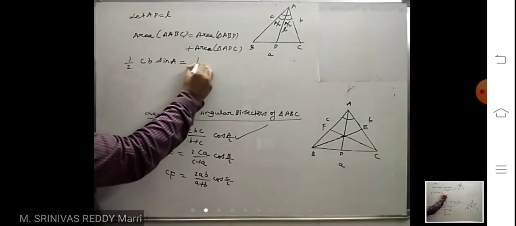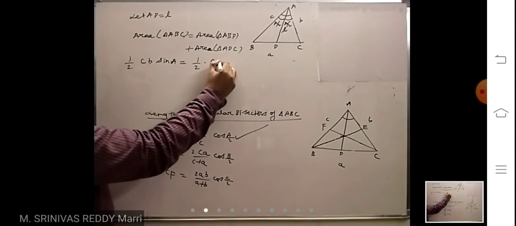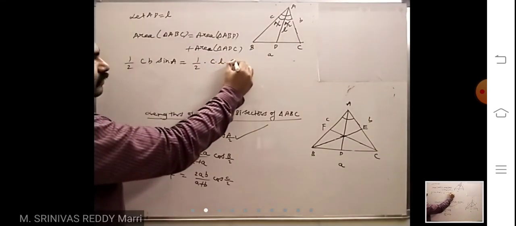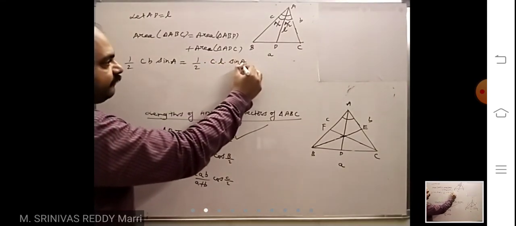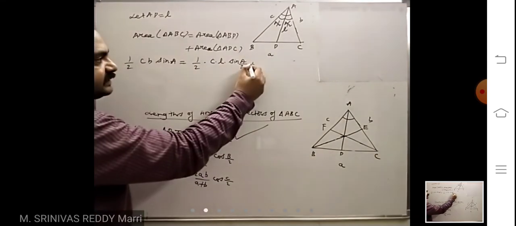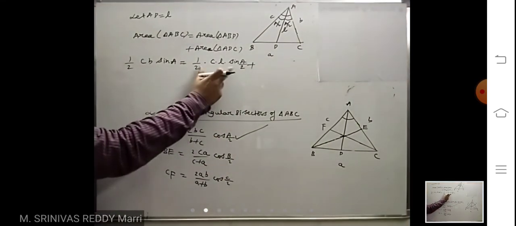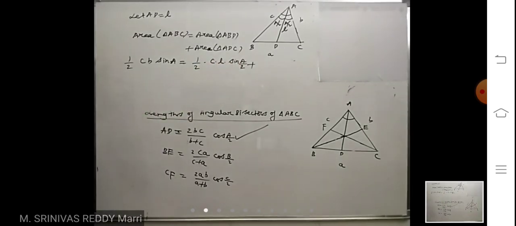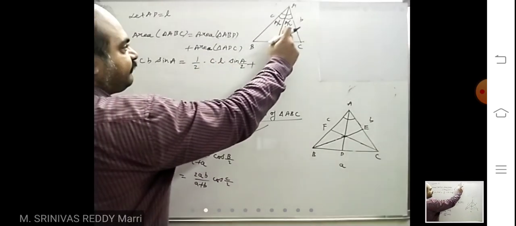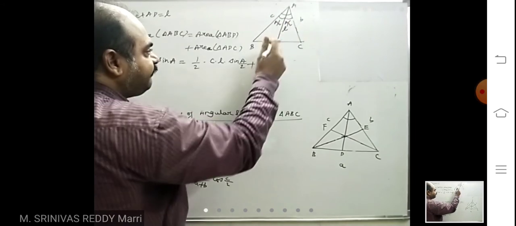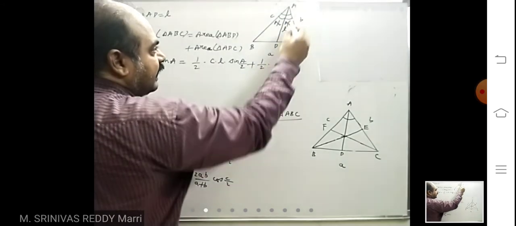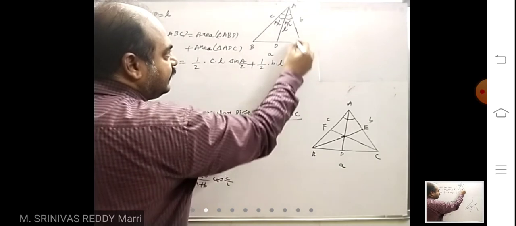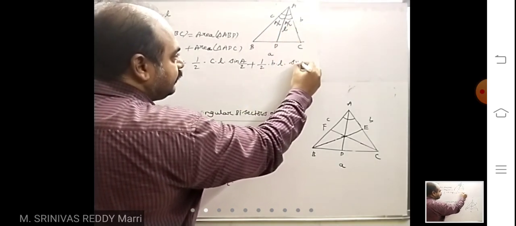So the area is half into c into L into sine A by 2. Plus the area of triangle ADC, which is half into b into L into sine A by 2.